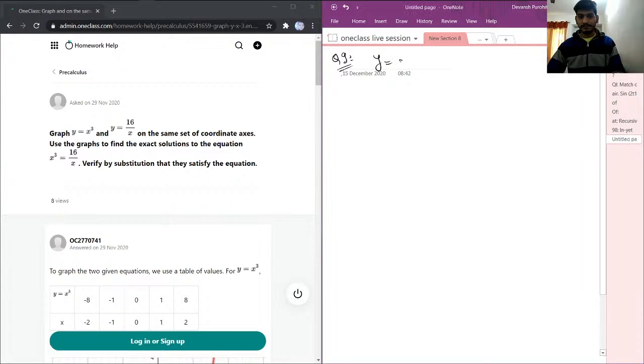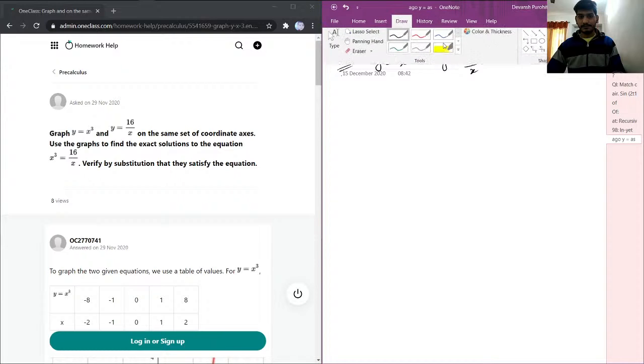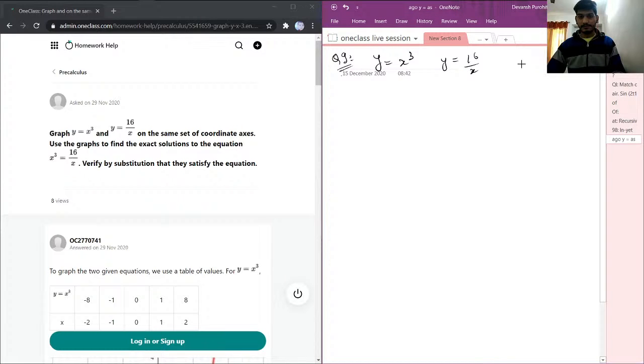So we have y equal to x cube and we have y equal to 16 over x. So we need to draw these graphs. First, we'll take the coordinate axis here.